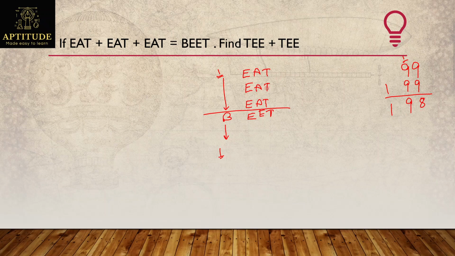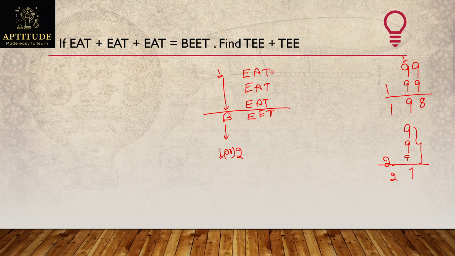But here I am adding 3 numbers. If in case E value is 9, 9 and 9, that is the maximum digit I am considering, the maximum carryover I will get is 2, which means B value can be either 1 or 2. So we don't know initially.